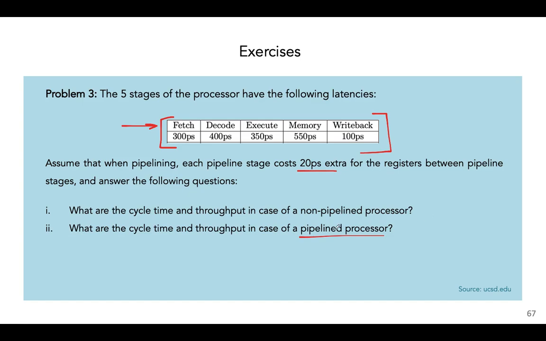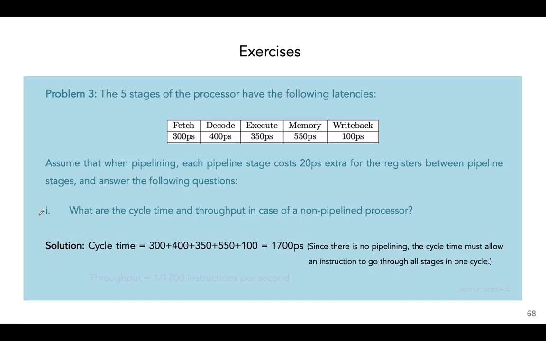So let's first take up the first part, in case of a non-pipelined processor. Now the computation of cycle time in case of a non-pipelined processor is very simple. All you have to do is simply add up all the delays or all the latencies of all the stages of the processor, and you have already been given all the stages and each of the latencies.